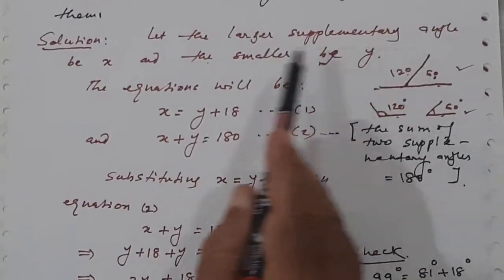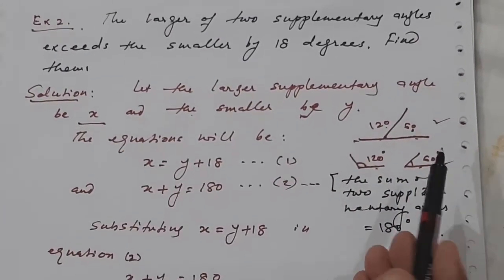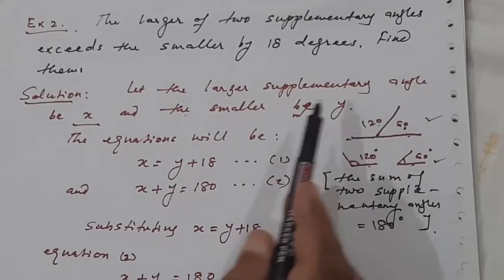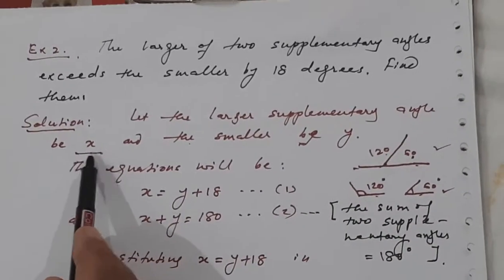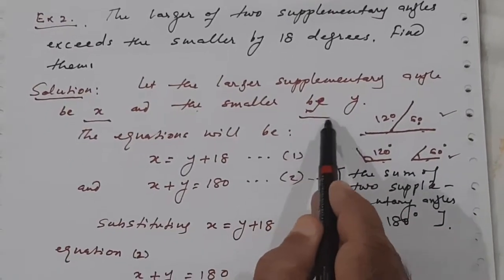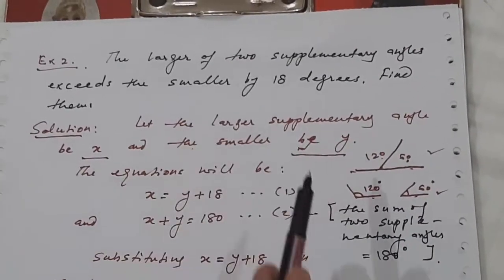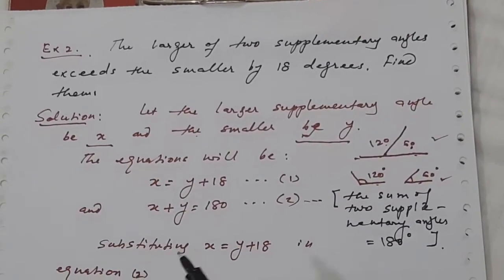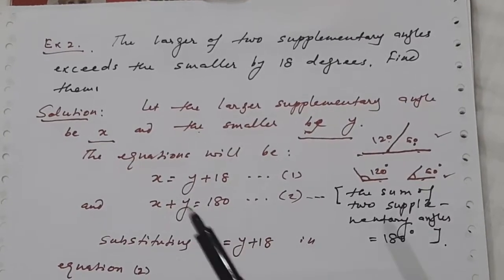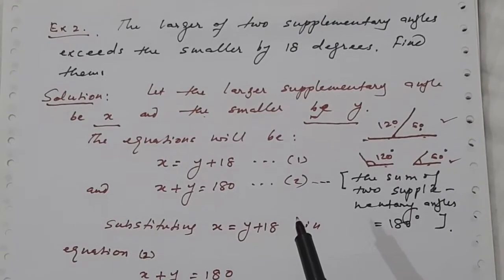So let the larger supplementary angle be x and the smaller one y. Always try to assume the larger as x, that becomes easier to form the equation. Now what is the first condition? The larger is exceeding the smaller by 18. Exceeding means more, bigger.